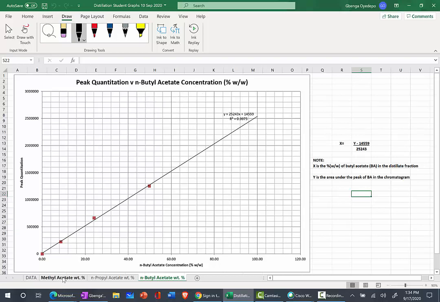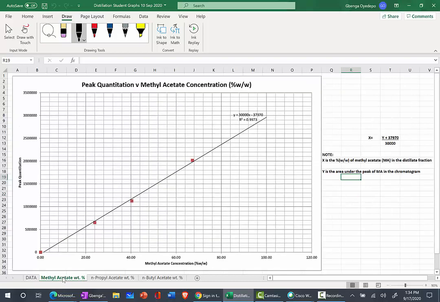Let us focus on methyl acetate. This is a linear graph. The vertical axis is the area under each curve in the chromatogram. The horizontal axis is the concentration of methyl acetate that corresponds to the area under the peak.